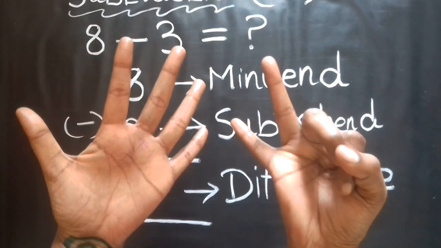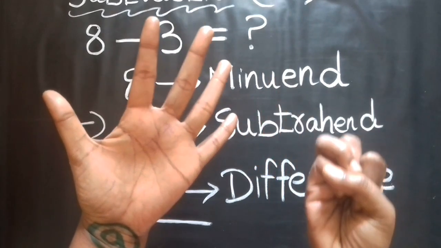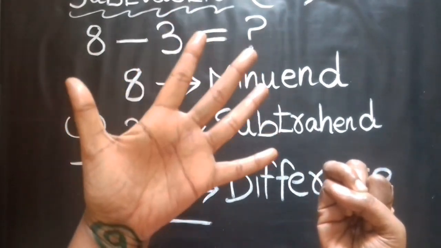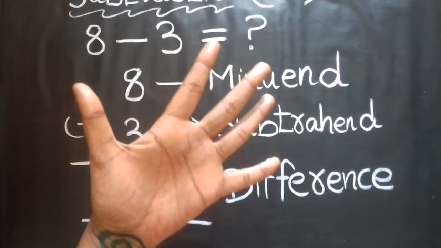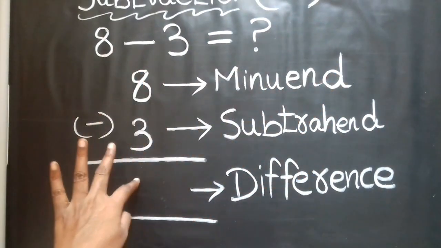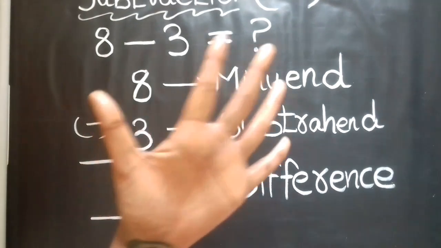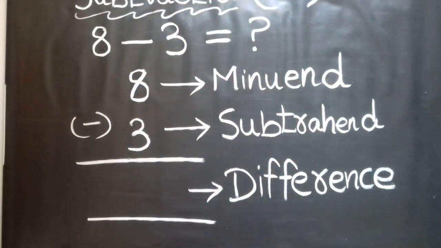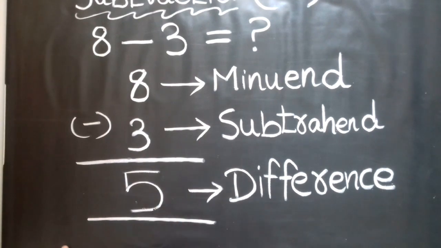So 1, 2, 3. We are left with 5 fingers after folding 3 fingers. So the answer to the subtraction problem is the number of fingers still standing, which is 5 here. So write down the result here, which is 5.